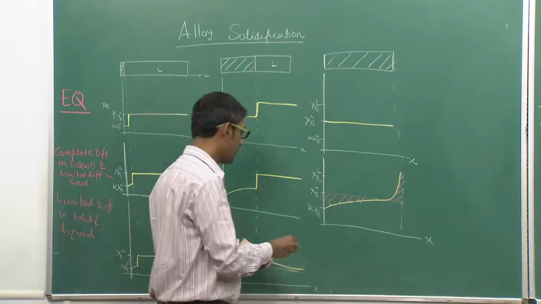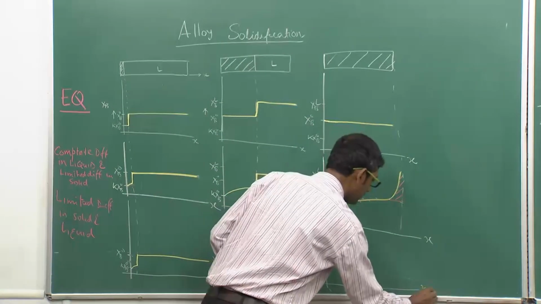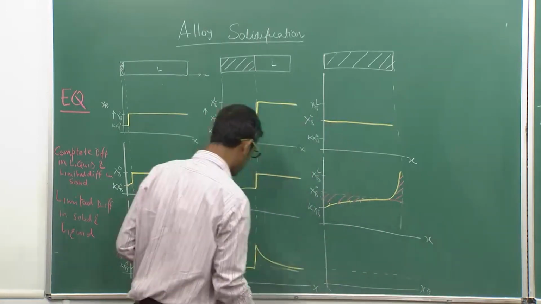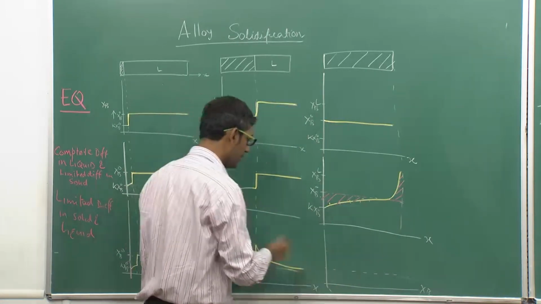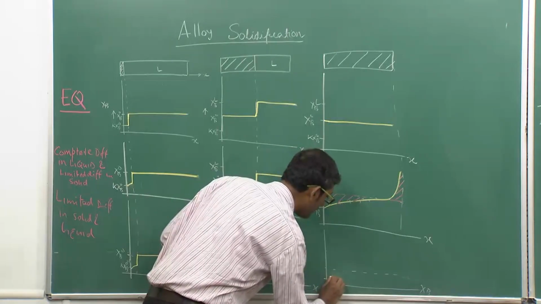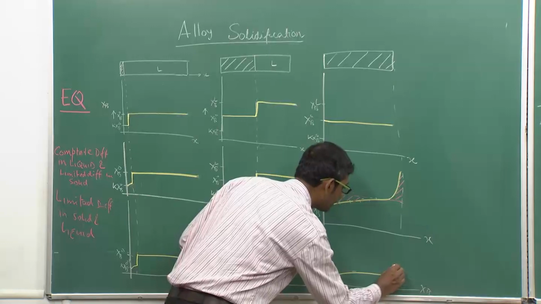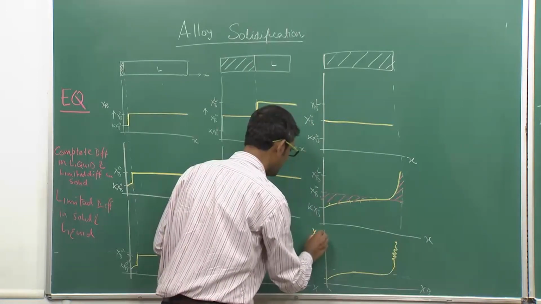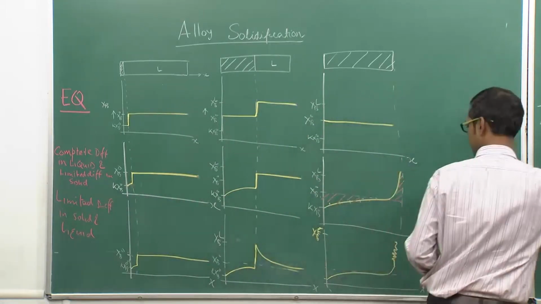Now what will happen when you are at the end of the solidification? That is not very difficult to understand, there will be a huge spike at the end. Okay. So this is kxp0, so it will be going like this, and at the end it will reach xbe, that is the xbe is here.